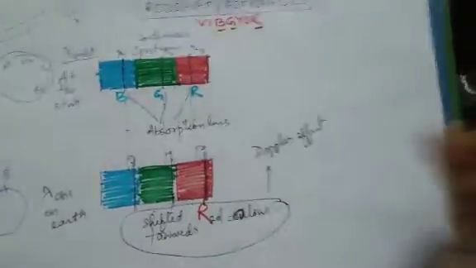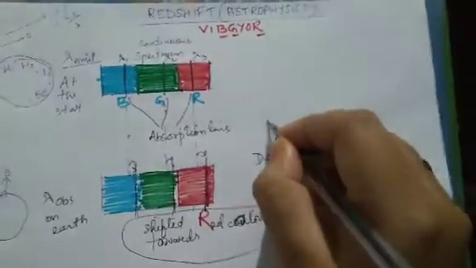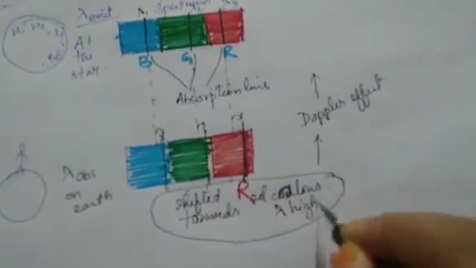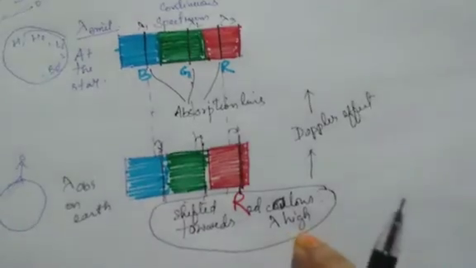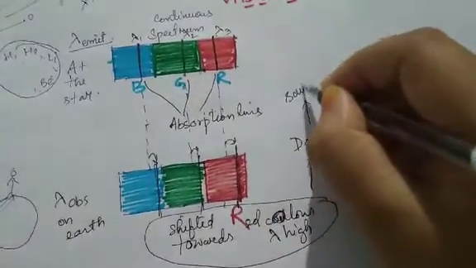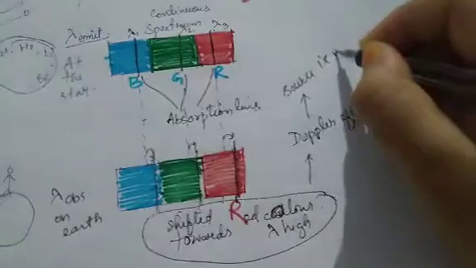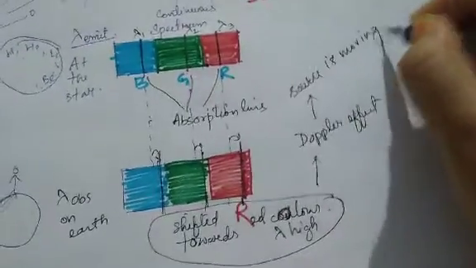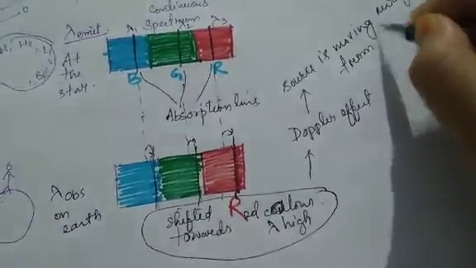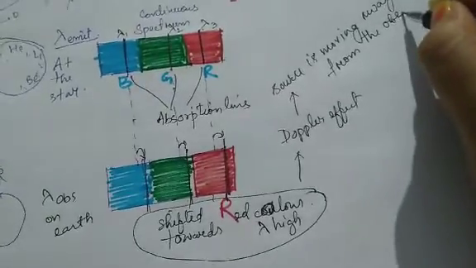The Doppler effect tells us that red color means lambda is high, so lambda will be high and frequency will be low only when the source is moving away from the observer.